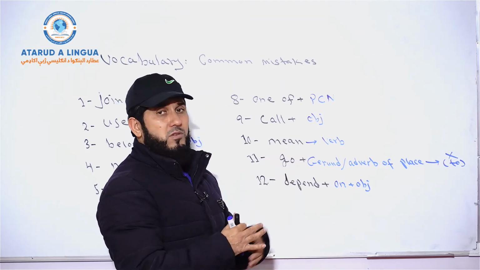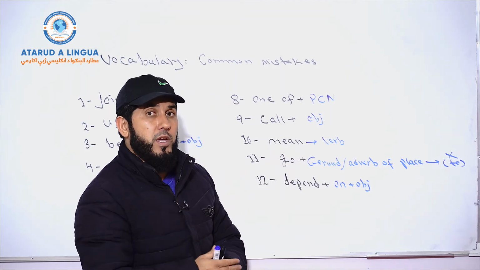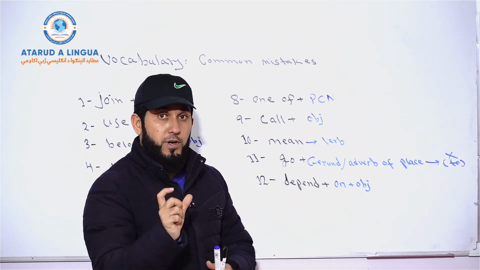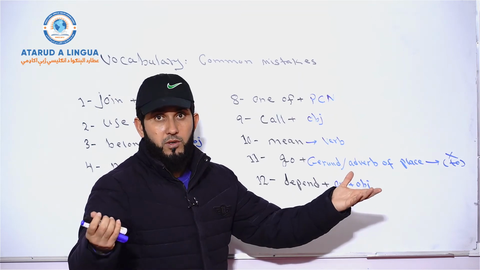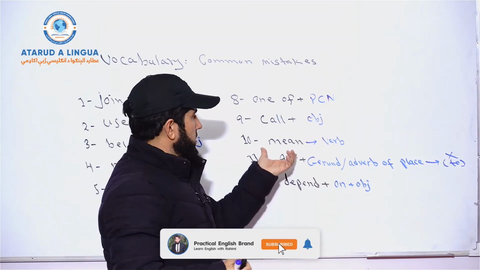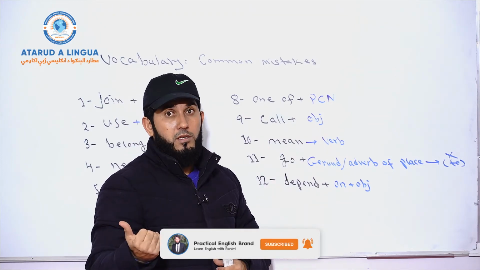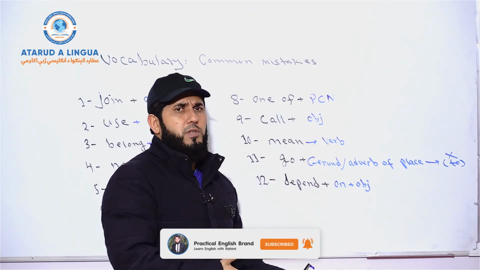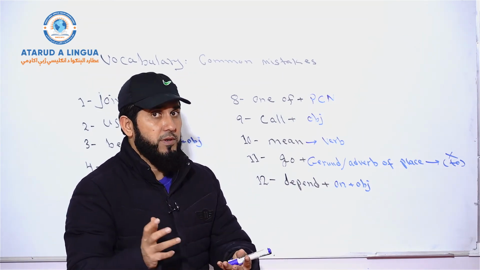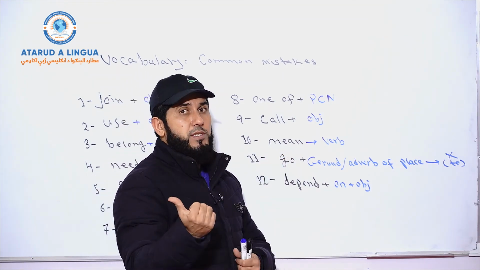This word is used as a verb. It's a verb, okay? "I mean." What do you mean? Do you mean this? So as a verb, what does he mean? What does she mean? What did you mean by saying that yesterday, for example? Okay, so we do not say "my mean is." You may say "my purpose is," or "I mean," okay? "I mean" as a verb, or the past form "I meant," okay?